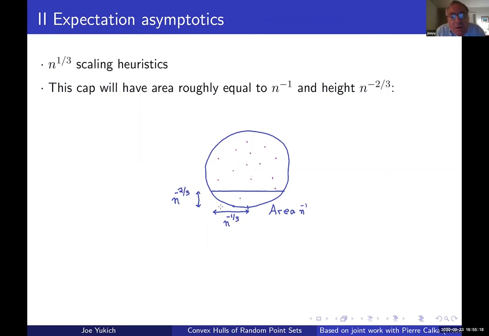And this is because if you have n points in a planar region of area 1, then every point should more or less be contained in a cell of area 1/n, and that cell would not contain any other sample point. So this is just on the level of heuristics, of course, but we can expect that we should be able to find a cap of area 1/n that does not contain other points.